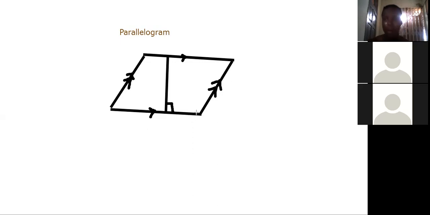This side and this side are parallel. This side and this side are parallel. This side and this side are equal. This side and this side are equal.